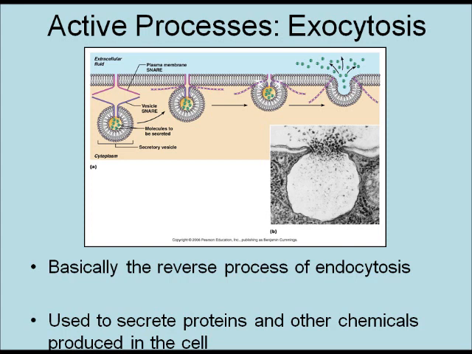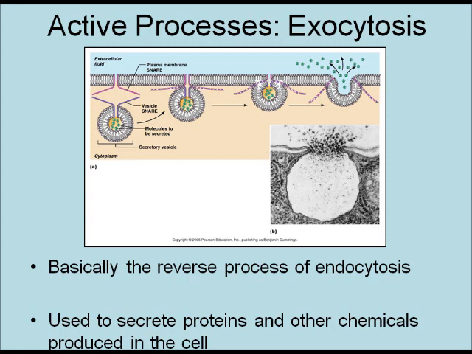Okay? So we've got some protein in here, it's got this little sac that's surrounding it, and you can see that this sac is moving towards the cell membrane. Then what happens, you can see that illustrated here, is the phospholipid bilayer that forms this vesicle, that forms the sac around our product, actually attaches into the plasma membrane.